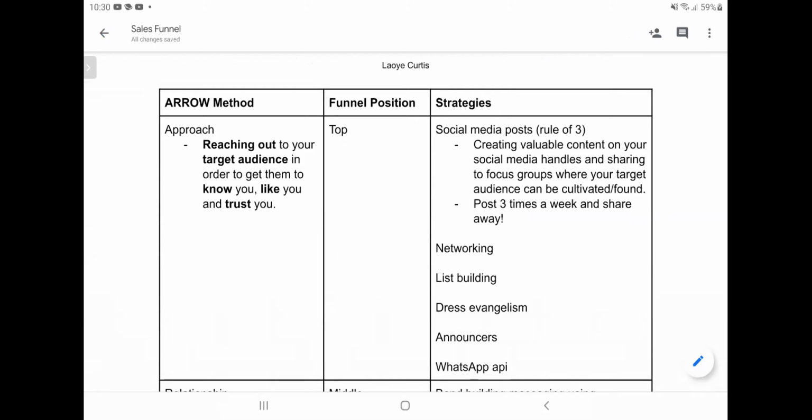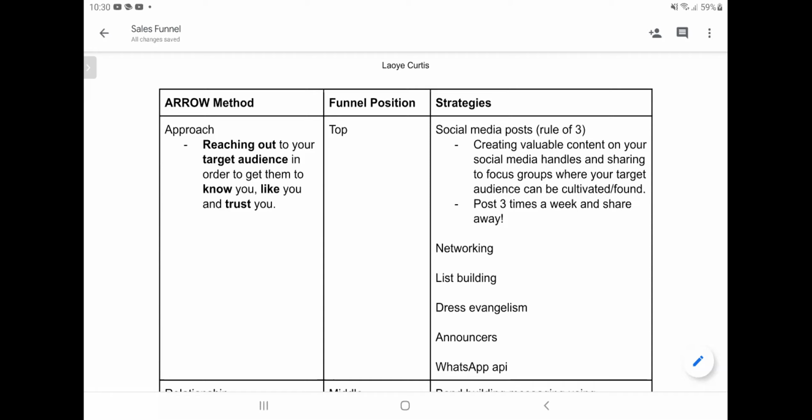So social media, preferably Facebook, Instagram, and Twitter. But since we are talking about fashion in businesses, right? Your best platforms are Facebook, Instagram, and YouTube. They are the best three platforms that are suitable for you as per social networking in order to boost your business.